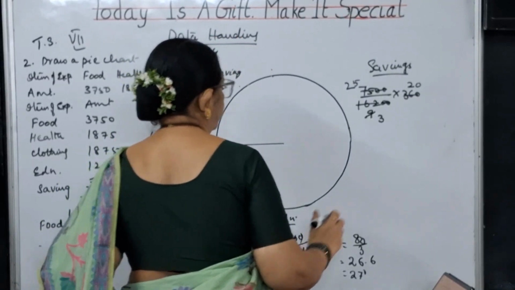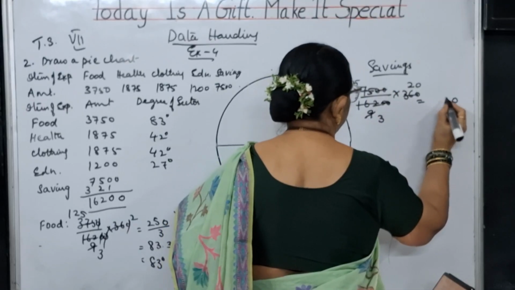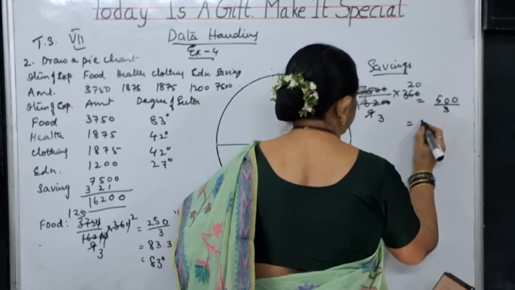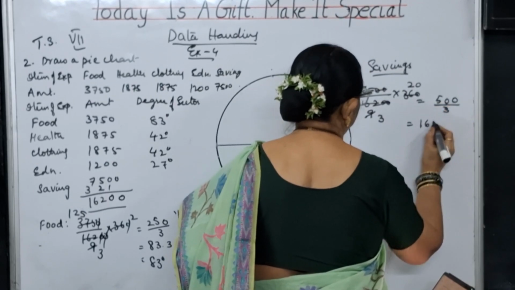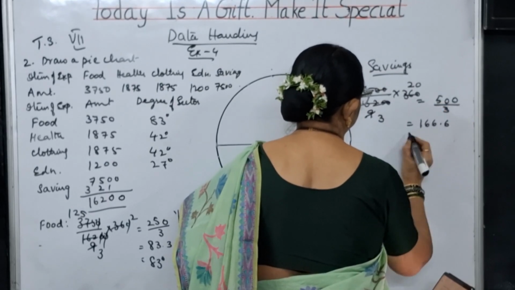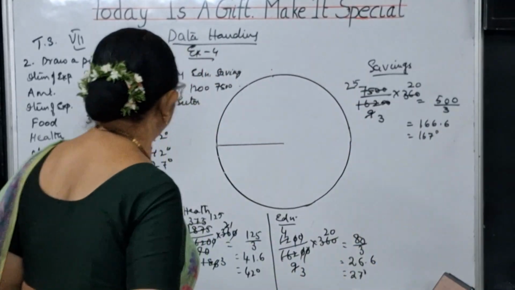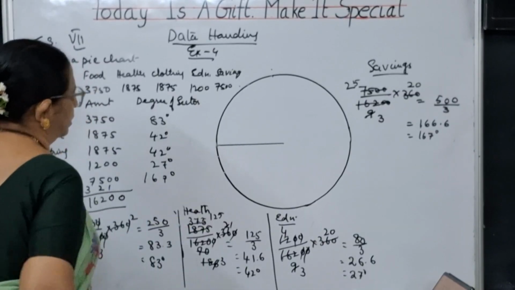So 25 into 20, 2 fives are 10, 2 twos are 4, 1 5 by 3. 3 ones are 3, 2 3 6 are 18. It goes on like this. That is 167 degrees. So this savings is 167 degrees.